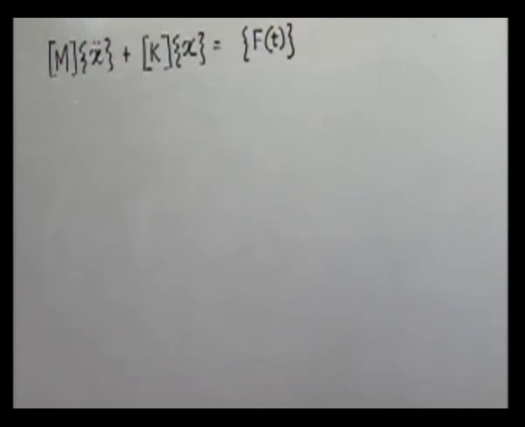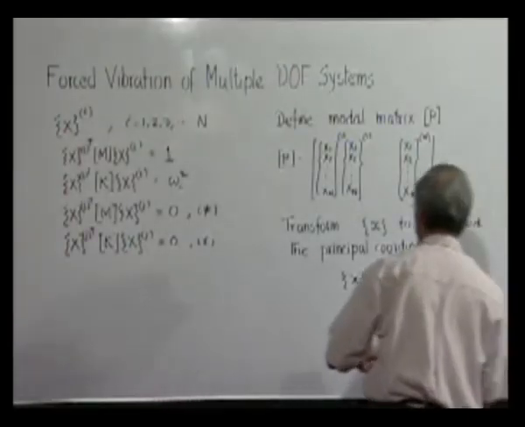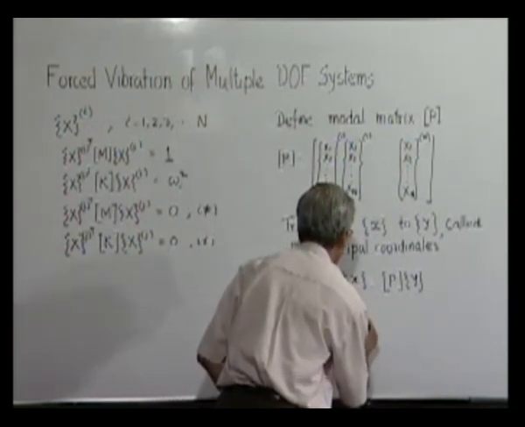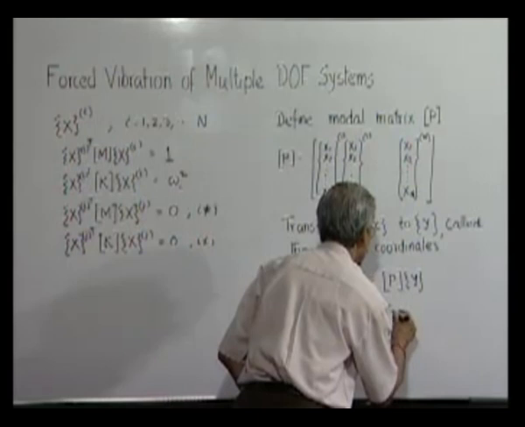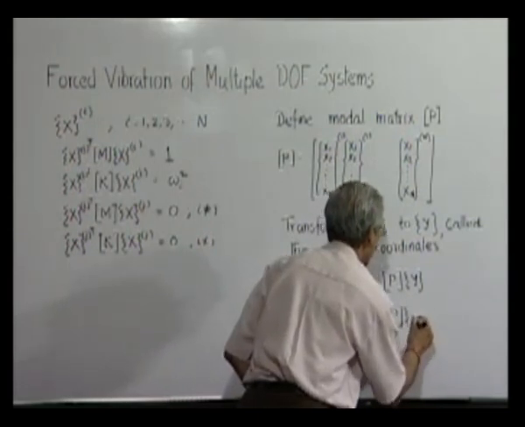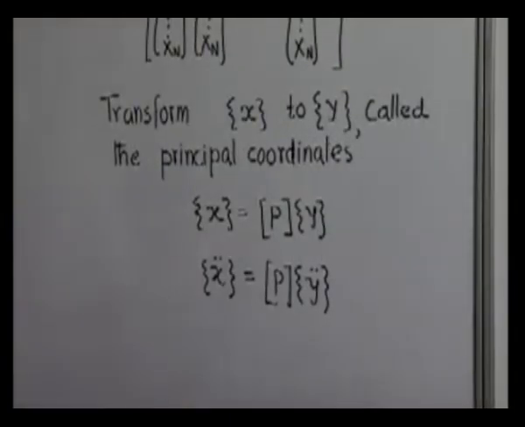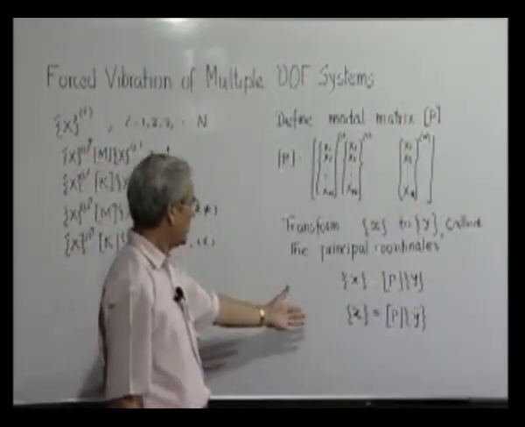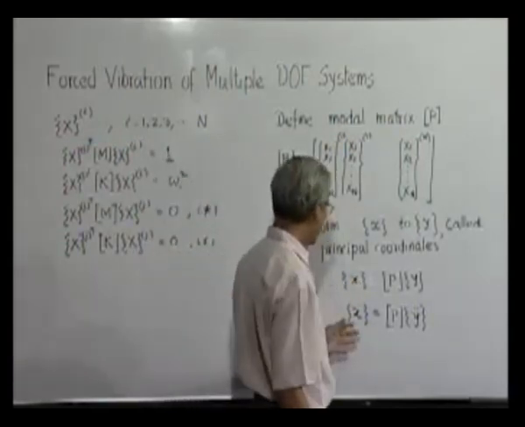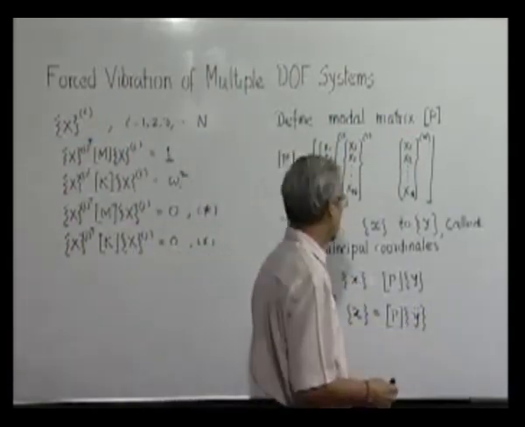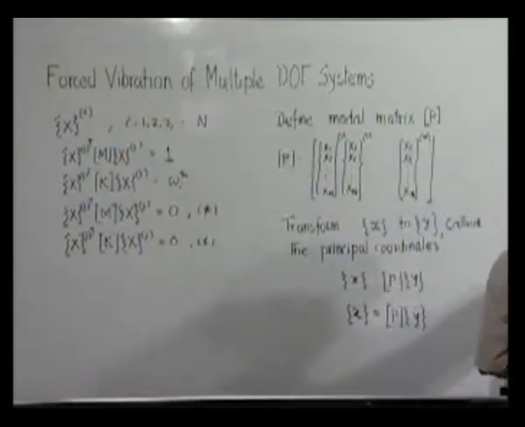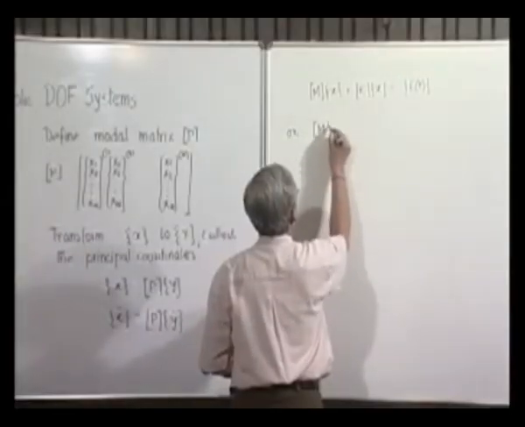Now, as we know this, therefore the second derivative, since the P matrix is independent of time, P being a constant, constituting constant elements, a time derivative, that is the second derivative, will lead to this. So now, in terms of principal coordinates, we get this equation.